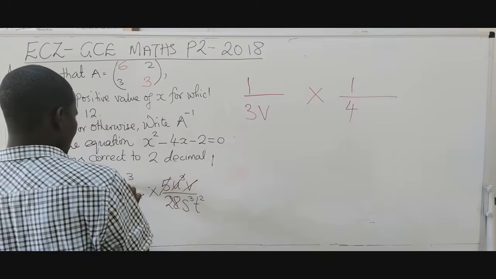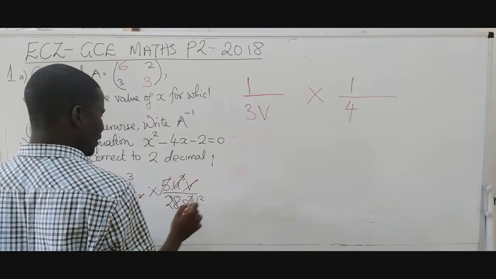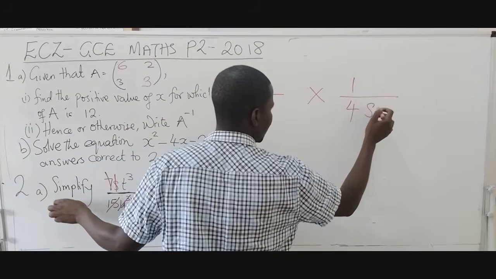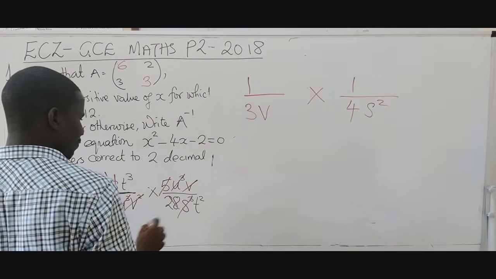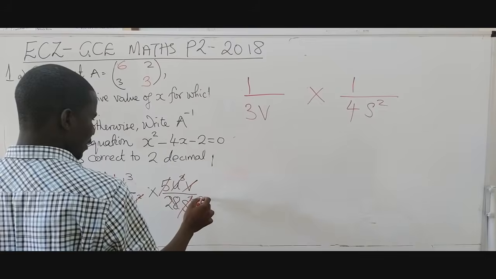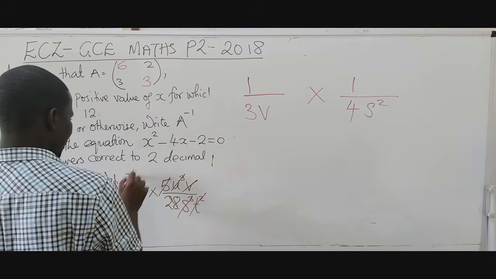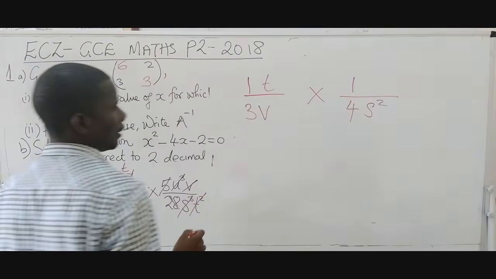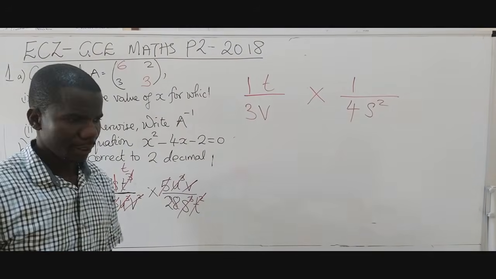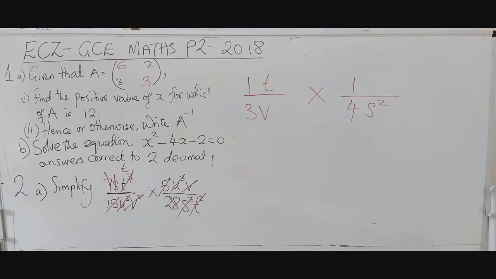Here you remain with s squared. Are we together? Then for t, this t and this t, here you remain with t.